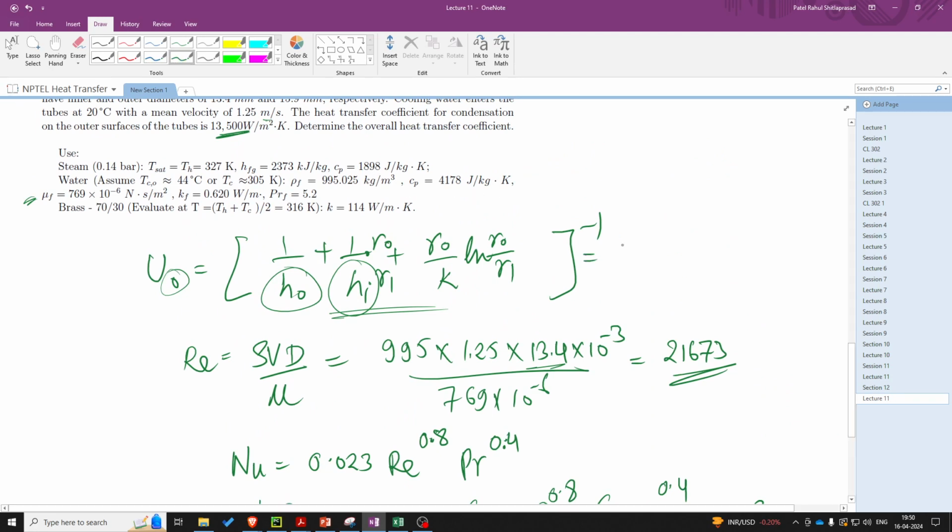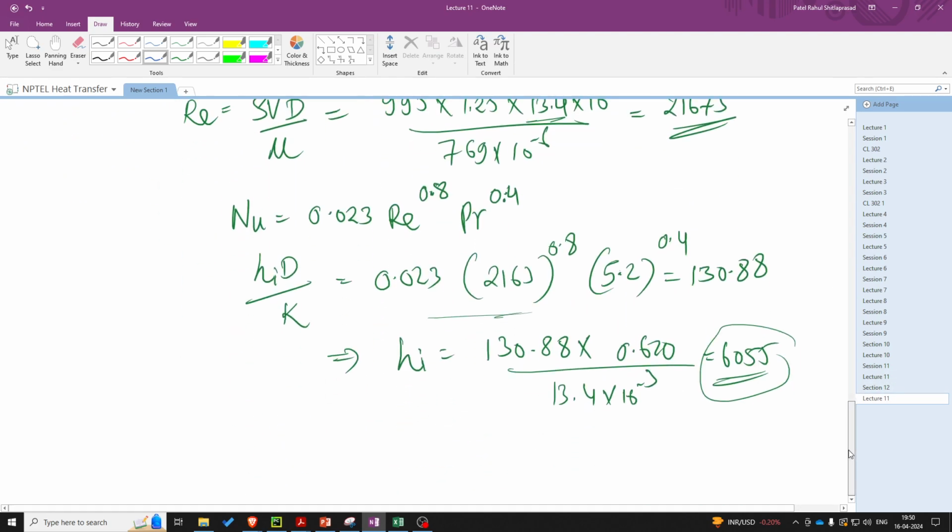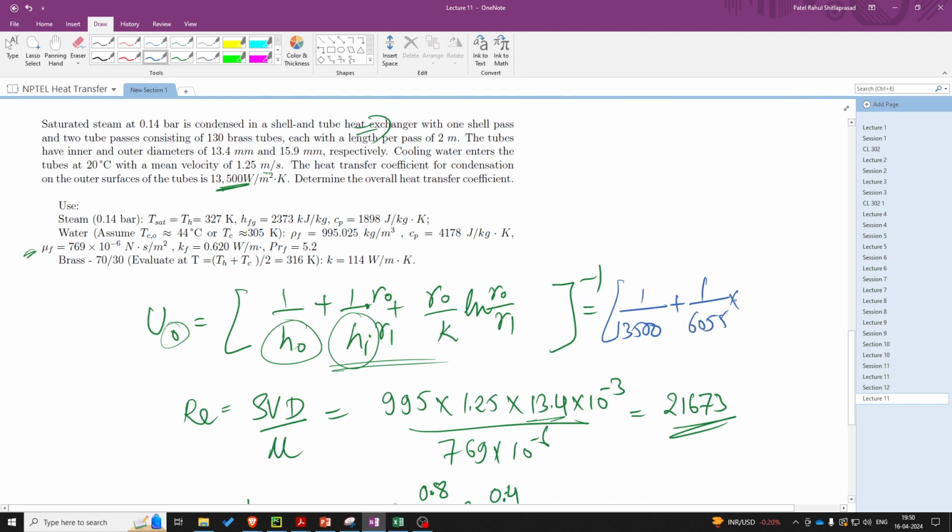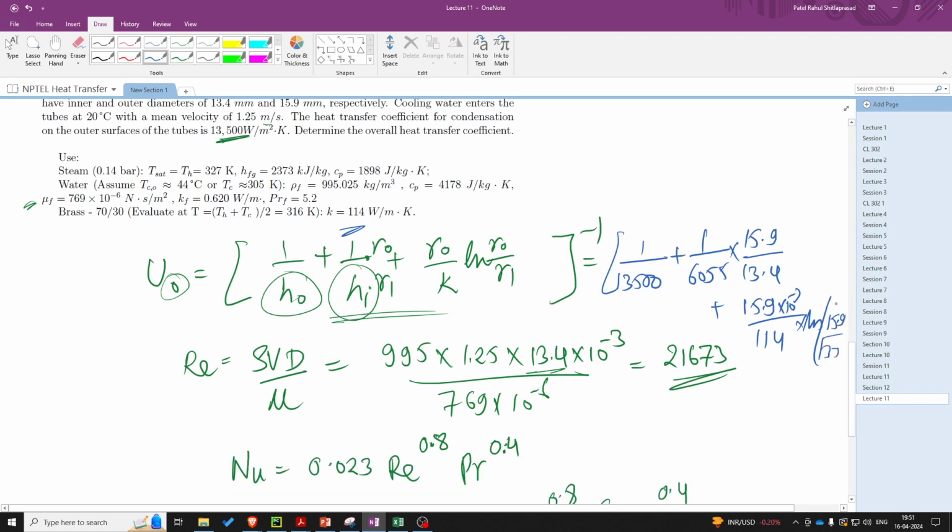So this value now we can put over here and calculate. 1 upon H naught we have already been given, so it is 1 upon 13500, plus 1 upon Hi, which we calculated as 6055, into R naught upon R1, so outer diameter 15.9 upon inner diameter 13.4, plus R naught, which is again 15.9 into 10 raised to minus 3, and K we have been given as 114, into ln of 15.9 upon 13.4.